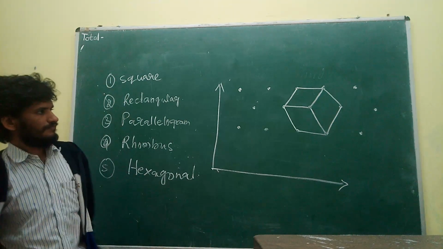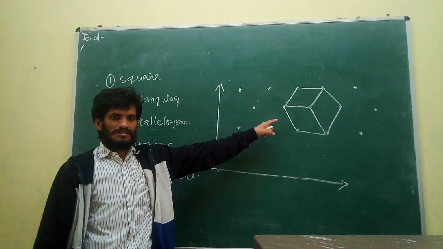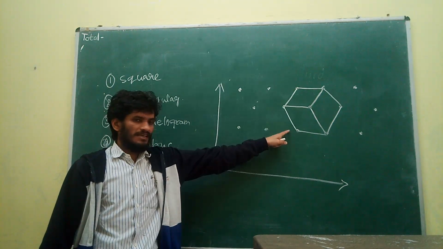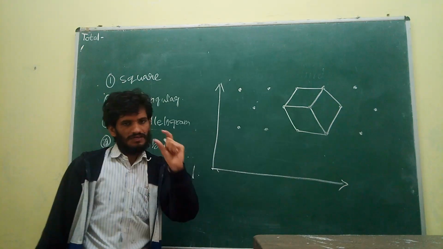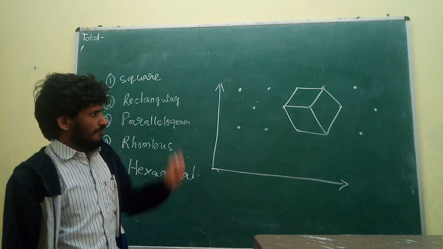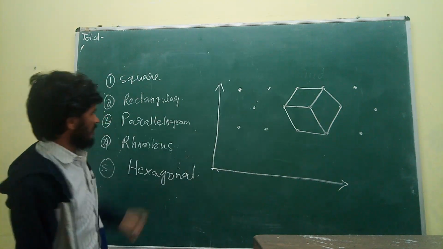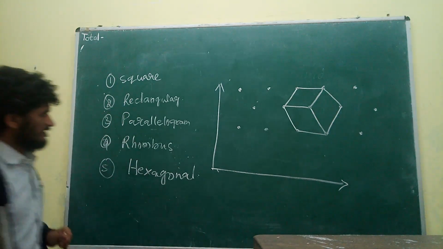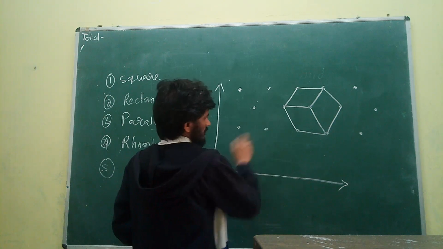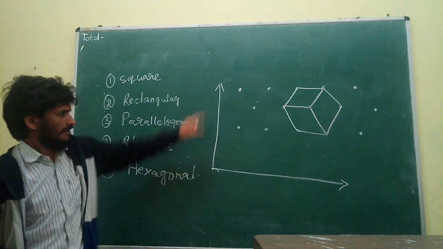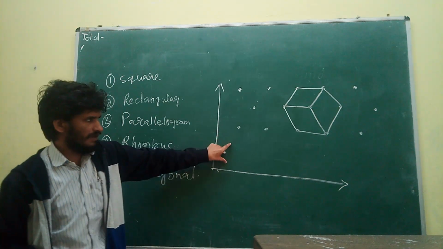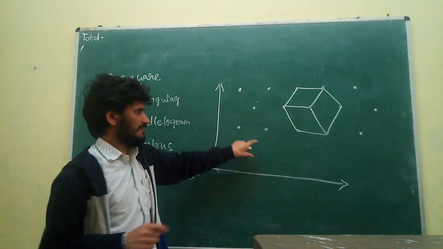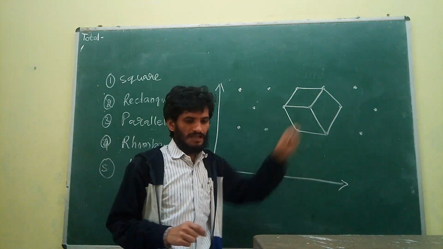See here, this is the hexagonal crystal lattice and this unit cell is called the hexagonal unit cell. So these are the types of crystal lattices and unit cells present in them. The two-dimensional hexagonal crystal lattice is this one, and the unit cell present in it is the hexagonal unit cell.